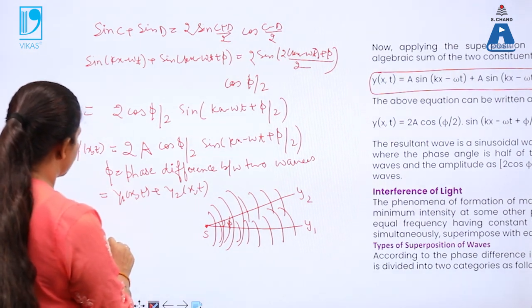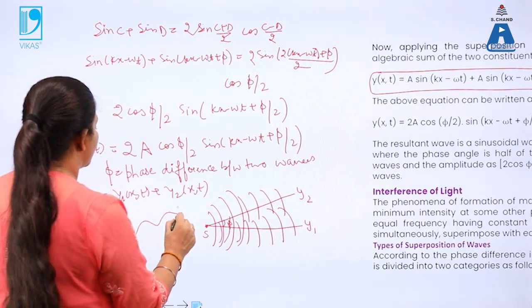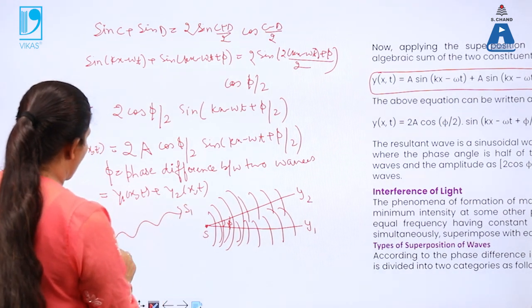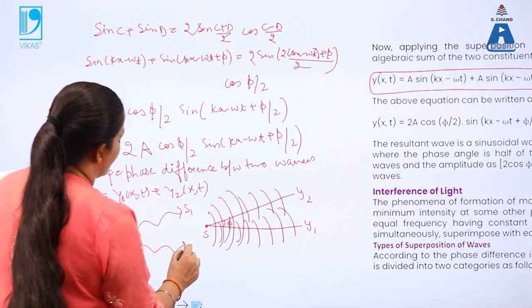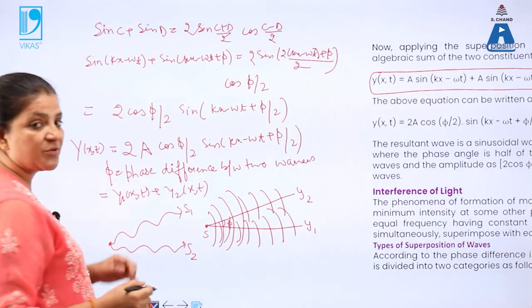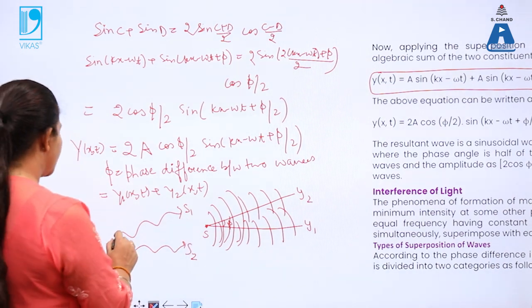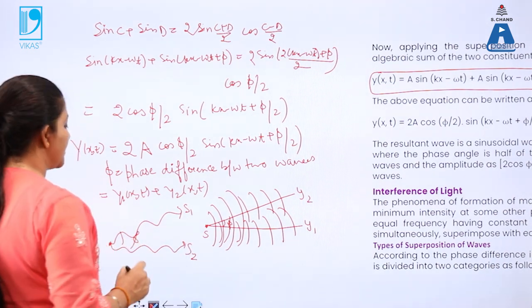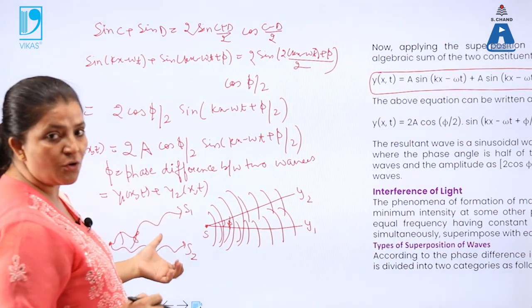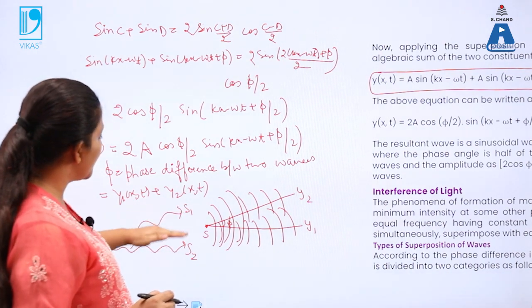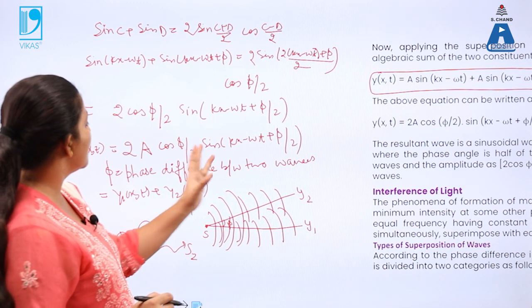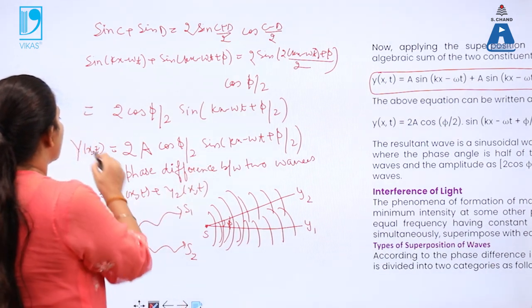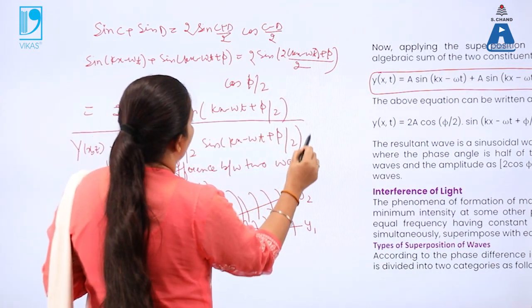If this is a source S, so if this is the S1 point and that is S2 over here, in short form it can be represented like this. There comes a phase angle difference phi between these two. These two will superimpose on each other to give the resultant over here.